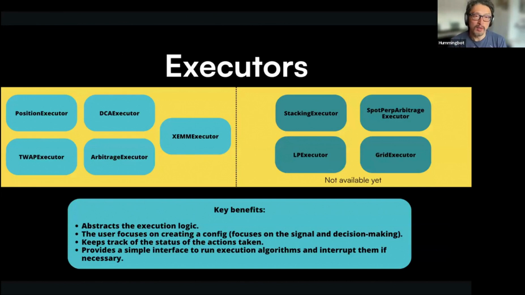The basic component is called an executor. The idea of an executor is that you can program this individual piece of logic, and then let it manage itself. The classic example is taking profit and stopping loss. If you have a position in the market, whether it's a spot or perpetual position, you need to manage it in some way.